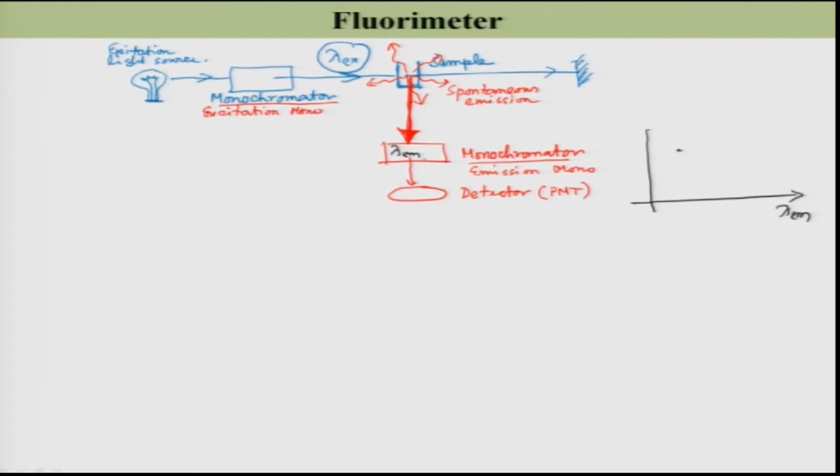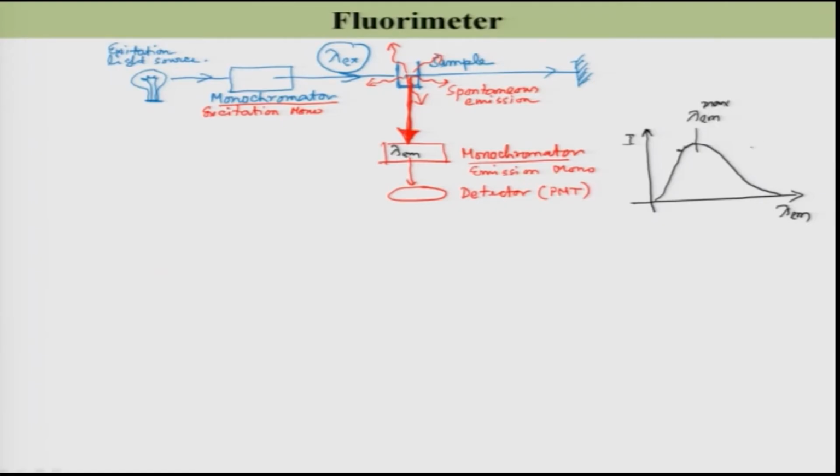Then you change it to 512 nanometer and measure the emission intensity at 512. Then you use 513 nanometer and measure at 513. That way you measure the intensity as a function of emission wavelength, and that is nothing but your emission spectra, and that maxima we generally call lambda emission maxima.